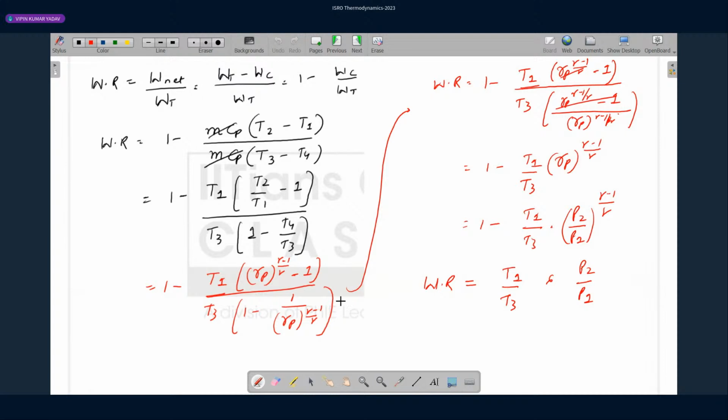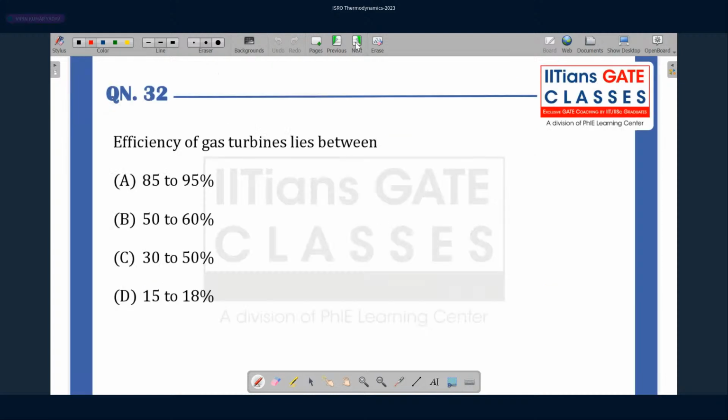Okay, let's move ahead to the next question. Efficiency of a gas turbine lies between. So many gas turbine questions they have asked. The efficiency of a simple gas turbine is basically 15 to 18%.